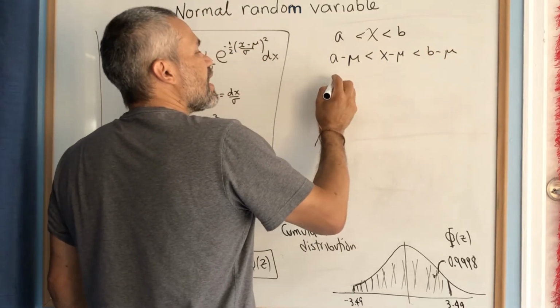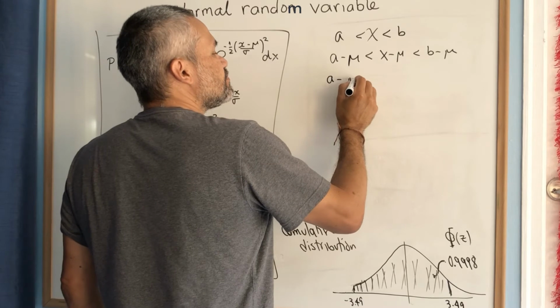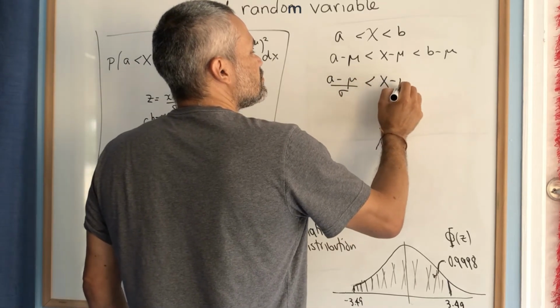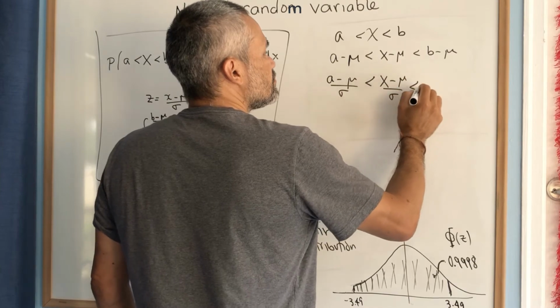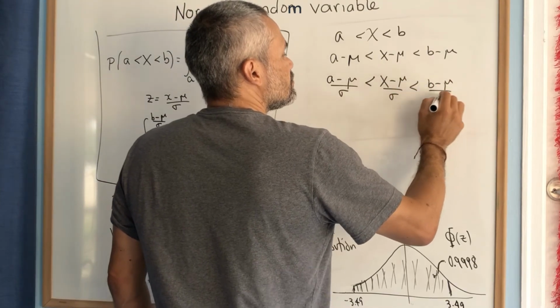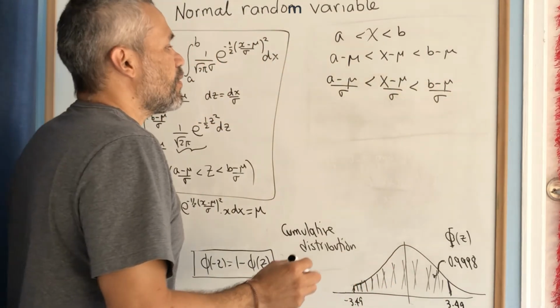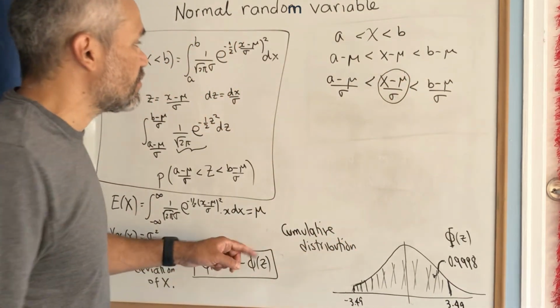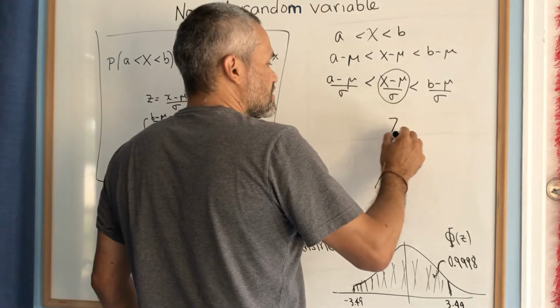And then we can divide by sigma. And then we can call this the standard random variable. And then this is our C.